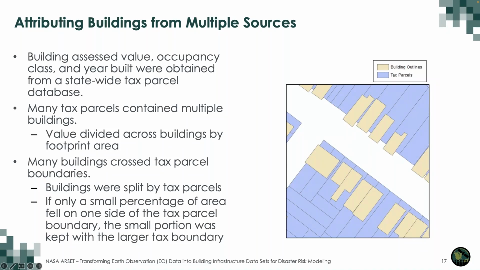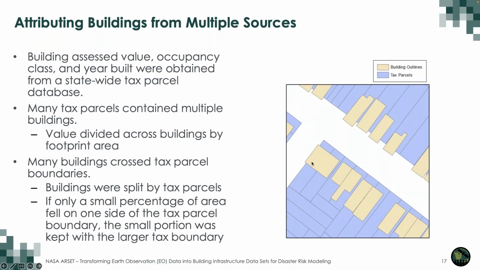And the second one that was pretty common was that many buildings crossed tax parcel boundaries. So buildings were split by tax parcels, and sometimes those splits were because one building or two buildings built side by side with no split in the roof line were recorded as one building.